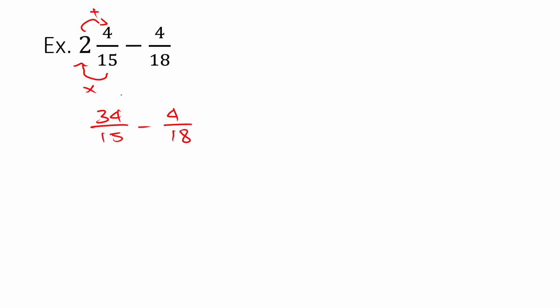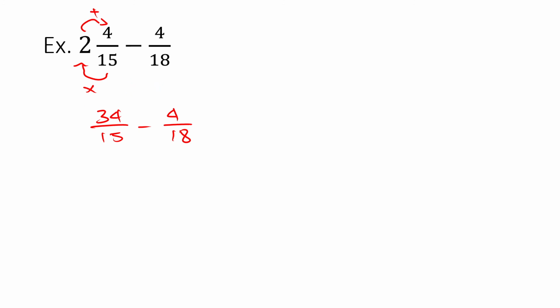If the fraction is not a mixed number, you don't need to do all of this. You only change the mixed numbers, okay? So you don't change 4 over 18 to anything because it is not a mixed number.